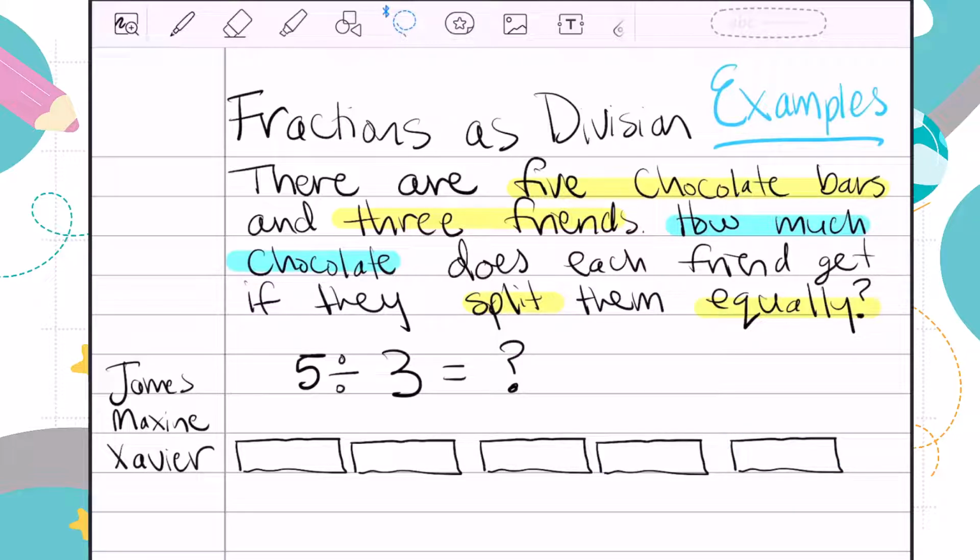Now what I'm going to do is split each chocolate bar between our 3 friends. So I'm going to change colors really quick, and I'm going to split these chocolate bars up into 3. 1, 2, 3, 1, 2, 3, and so on for all 5 chocolate bars.